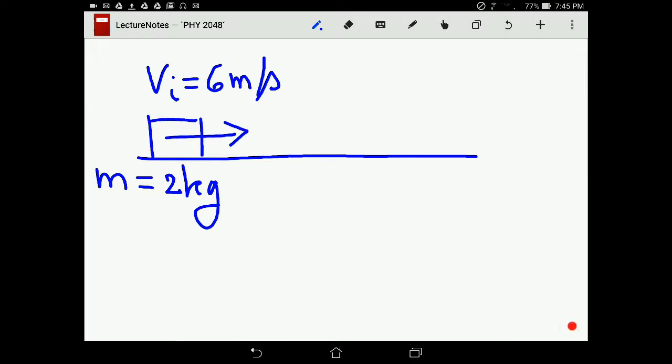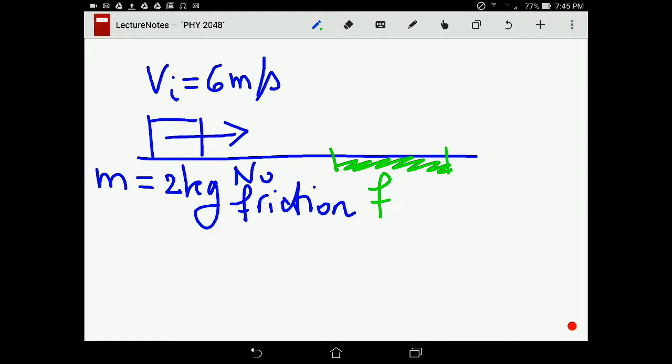And this is sliding on a surface that has no friction. And then suddenly it reaches a point where there is a rough patch. And so suppose that from here to here there is friction.